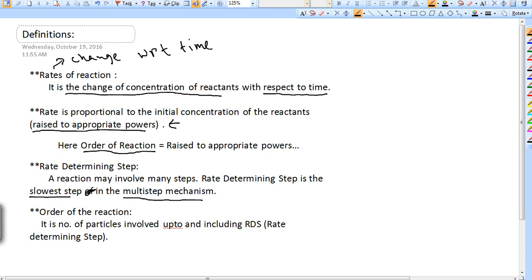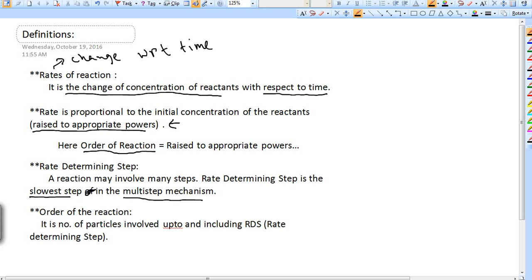For example, in a reaction there is a mechanism which involves many steps. The slowest step would be the rate determining step, since that step has the slowest rate. As you all know, we can easily track the reaction which is slow.